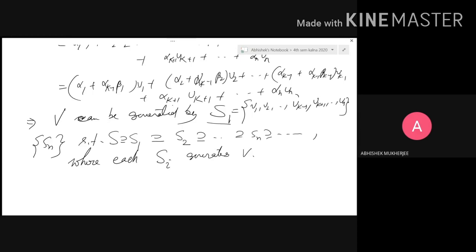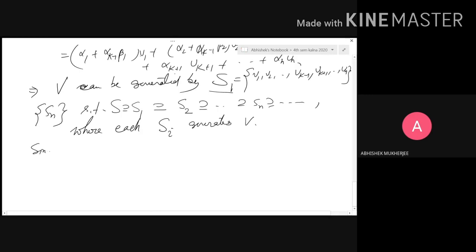But since we have assumed that V is finite dimensional, this process must terminate, because at each time we are deleting one vector like Vk from the set of vectors that we have considered in the statement.